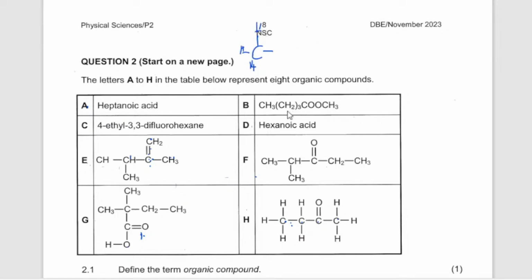And then this one, because there's no shortage of hydrogen here, automatically this becomes a chain. CH, that's 1, CH, that's 2, CH, that's 3.